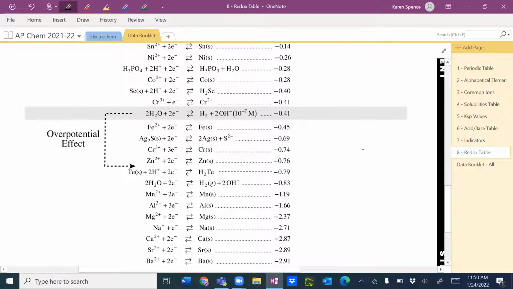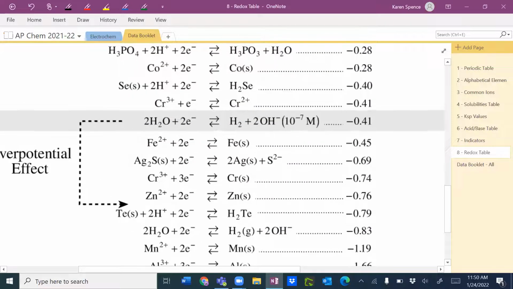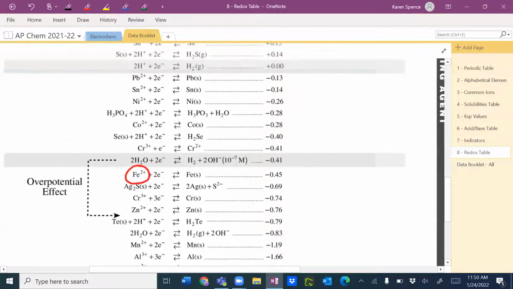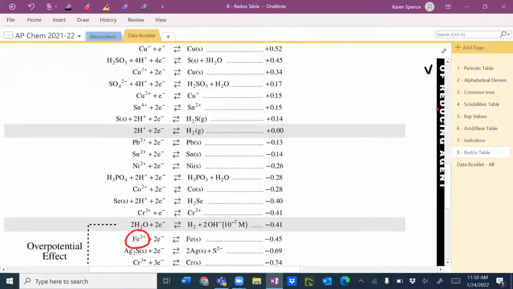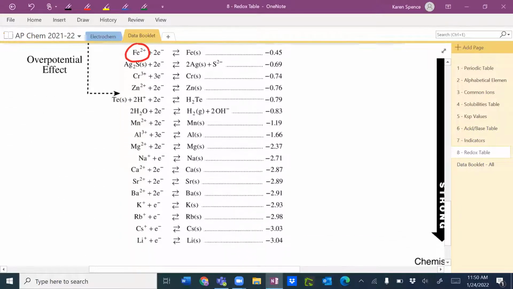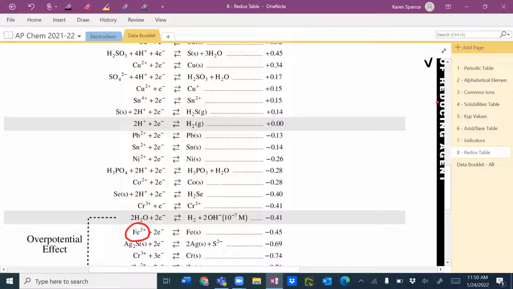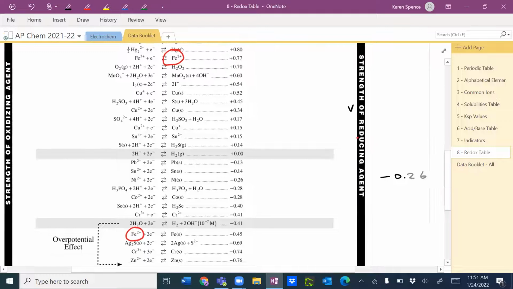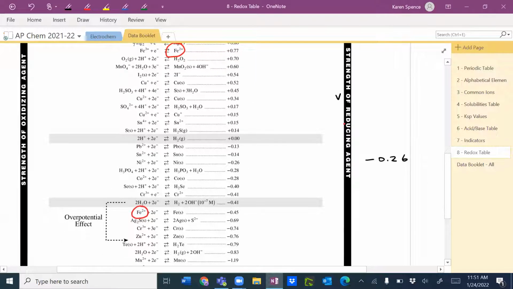So let's find all our Fe's. There is an Fe2+ right there underneath the water. And my other Fe2+ is up there. Okay, so those are my two Fe2+, and I want to know who is going to react with them.